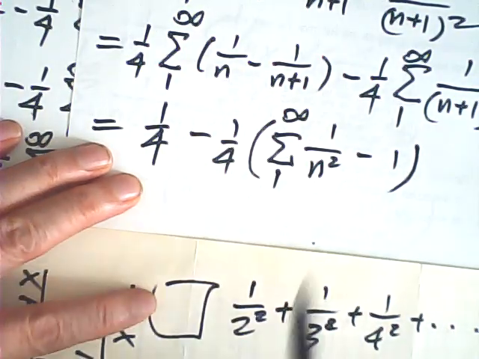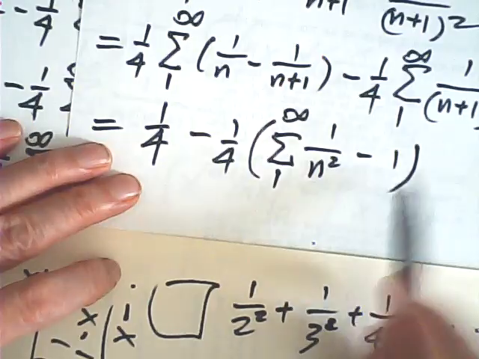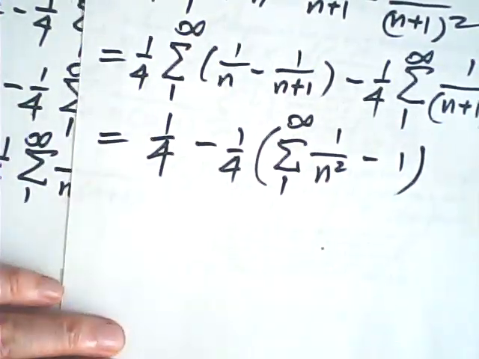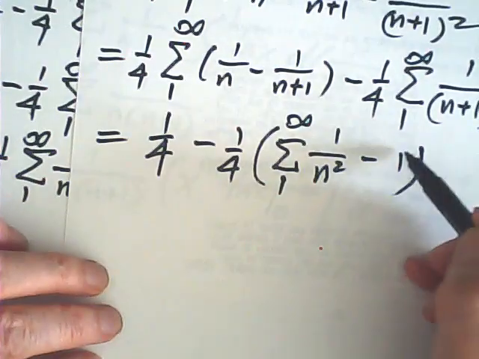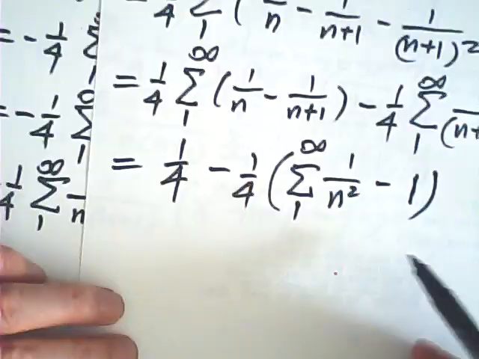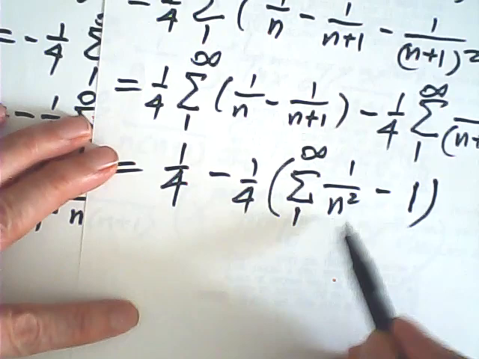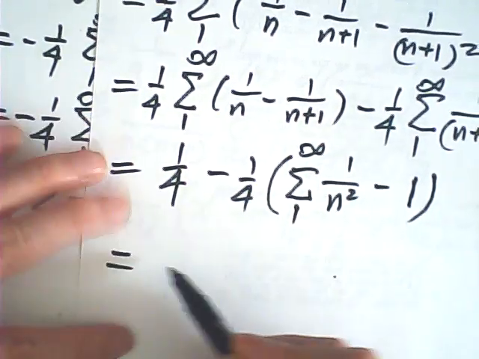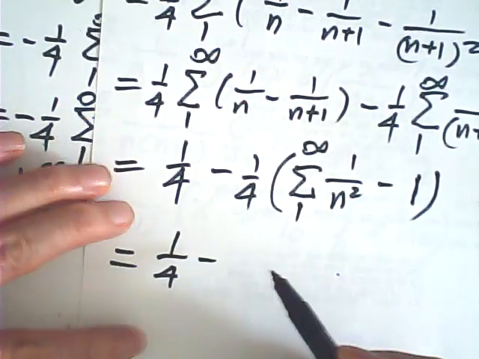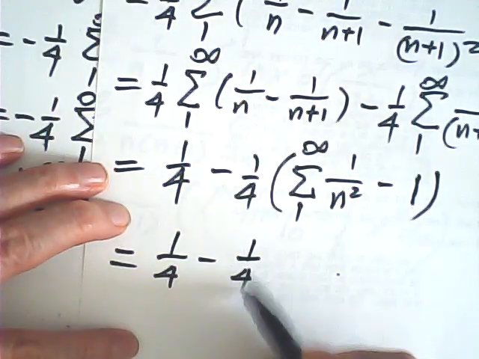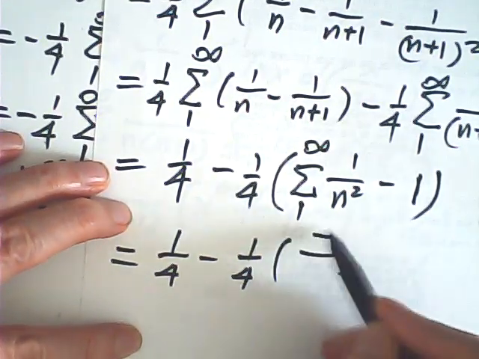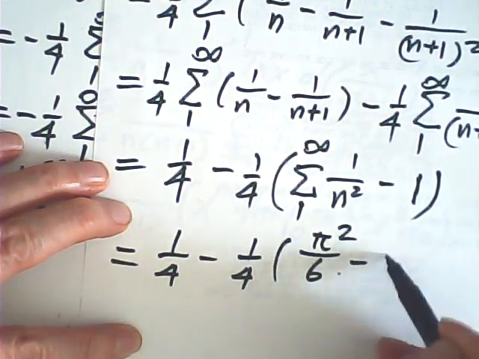Well, I hope you understand me. And this is the Basel problem, okay? I think this is 1/4 minus 1/4 times (pi squared over 6 minus 1).